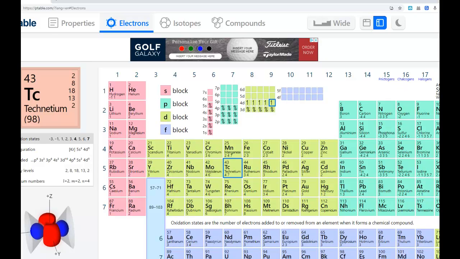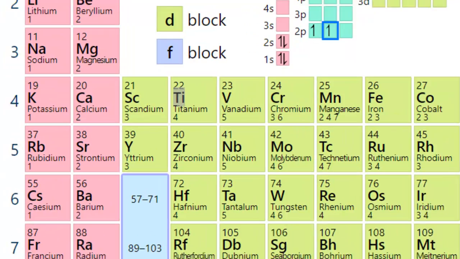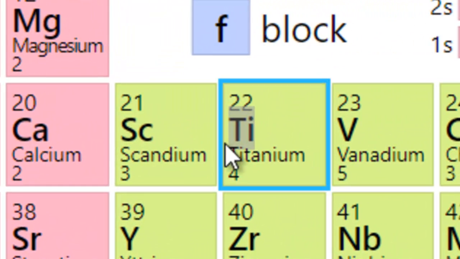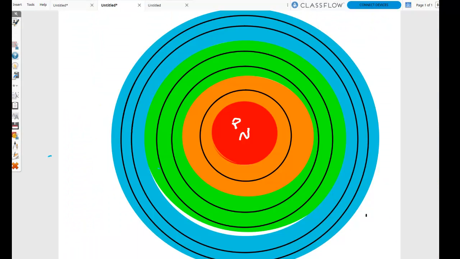Let's take an example. Now let's look at titanium. Titanium has an atomic number of 22.